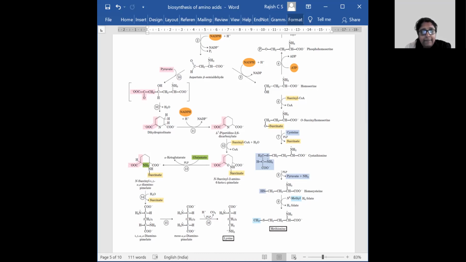And then it will be epimerized to form, instead of this one, the meso form. So the meso alpha epsilon diaminopimelate will be formed. So over here, we have the COO, the NH3 plus and the H. And then there are the two CH2.